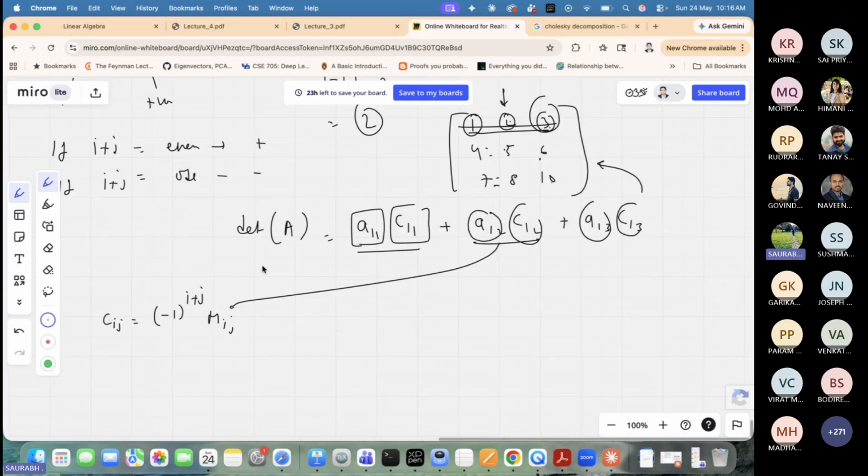Now the determinant of A can be computed using the second row as well. In that case, it would be 4 times C21, because the element is 4 here, plus 5 times C22 plus 6 times C23.